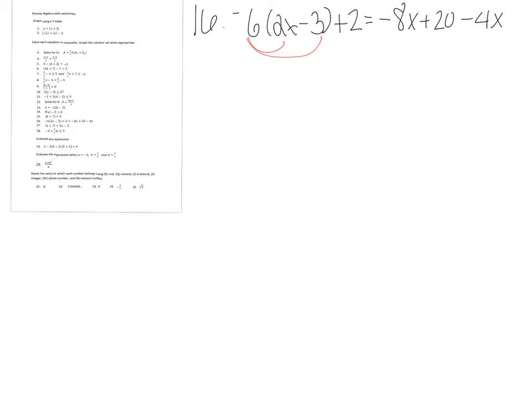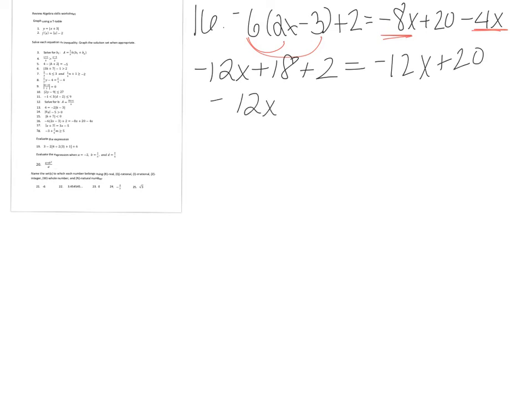So we get negative 12x plus 18 plus 2 equals, combine our like terms, they're on the same side of the equal sign, so negative 8 minus 4 is negative 12x plus 20.